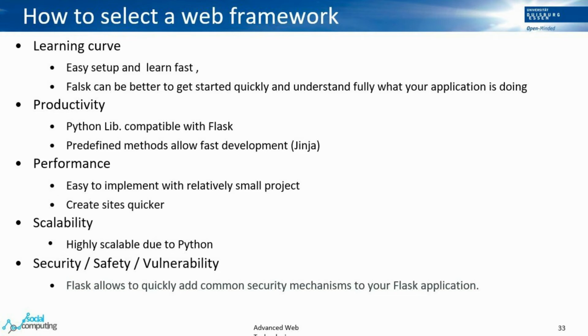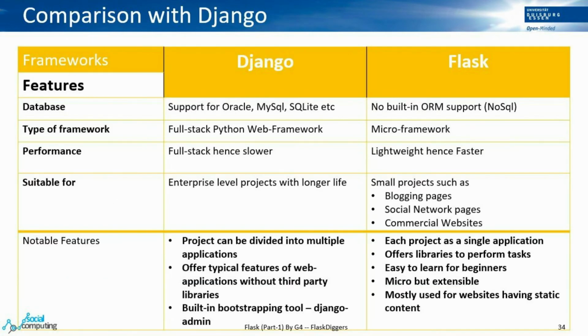About security, you can install an optional Flask extension which adds basic security and authentication features to your Flask apps quickly and easily. So let's take this comparison between Flask and Django. If you are confused about which one to use for your web application, this comparison might be helpful to you.